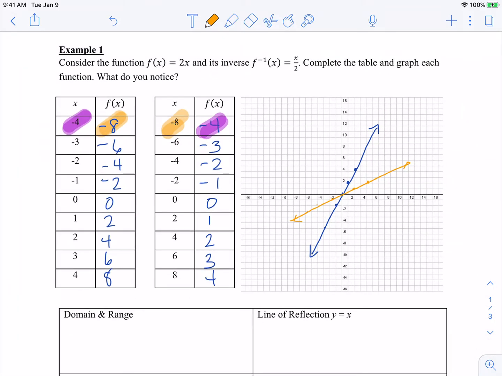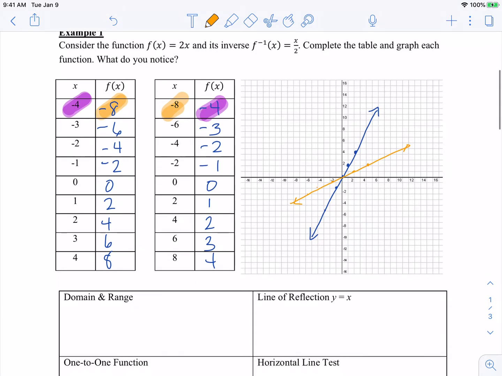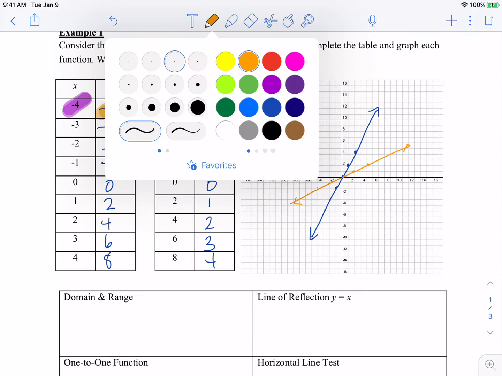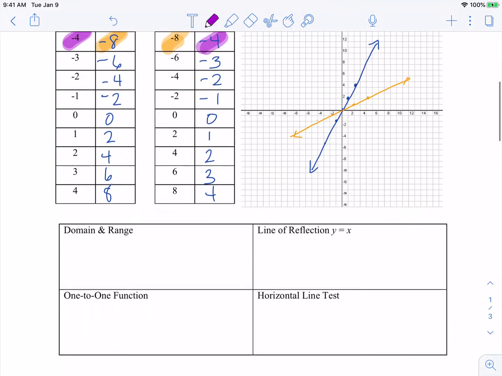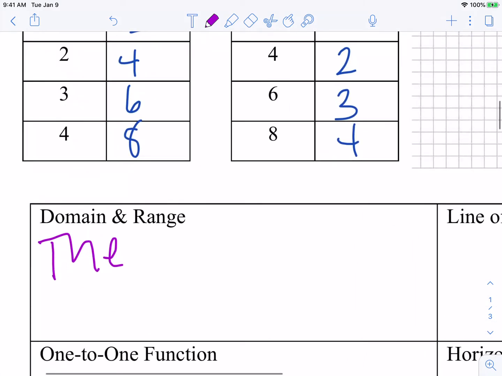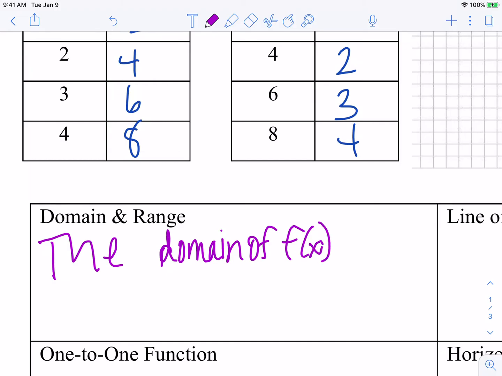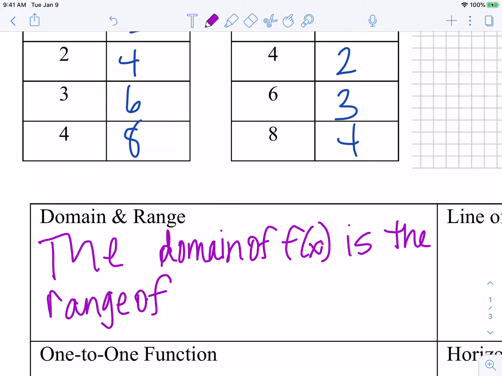So let's consider a couple of things when we look at the inverse. So the inverse and the range, that relationship, just like we showed with the table, the domain of the function, I'll write this a little bit bigger, is going to be the range of the inverse.